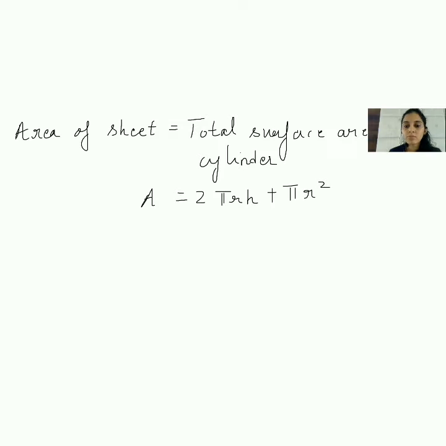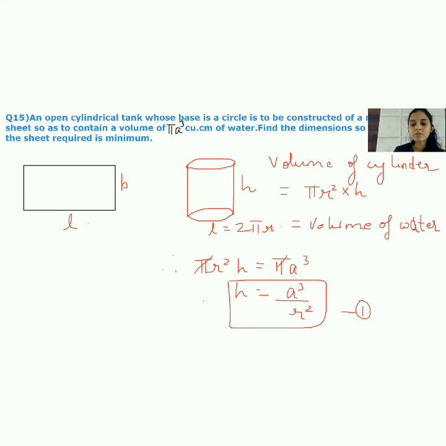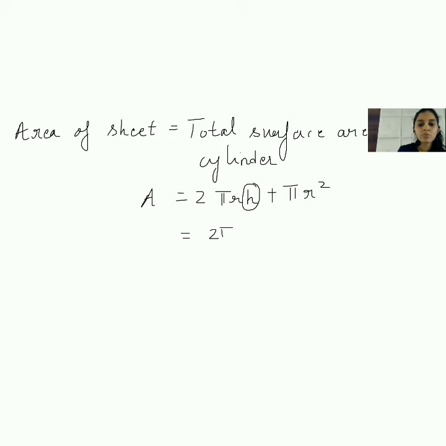Now we have two variables here, so let us substitute this h that we have over here in terms of r. So that is from equation 1, a cube by r square. So we have 2 pi r a cube by r square plus pi r square, which is equal to, let us have r cancels out here.